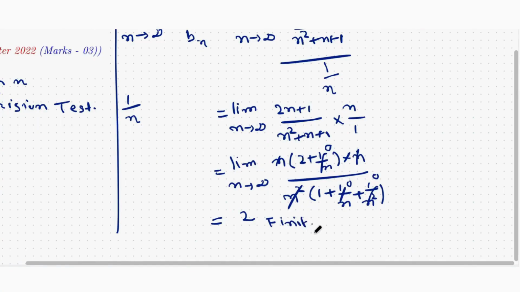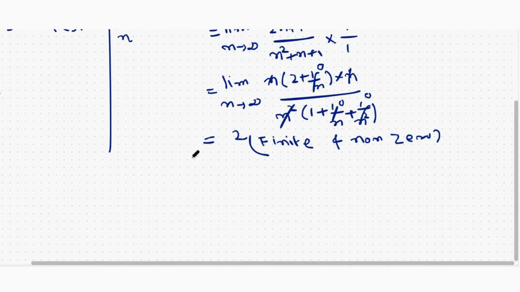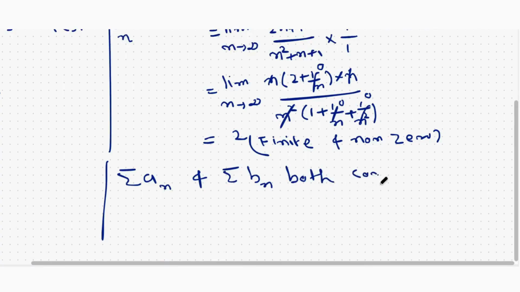Okay, so from limit comparison test what we conclude here, series an and series bn both converges or diverges together.